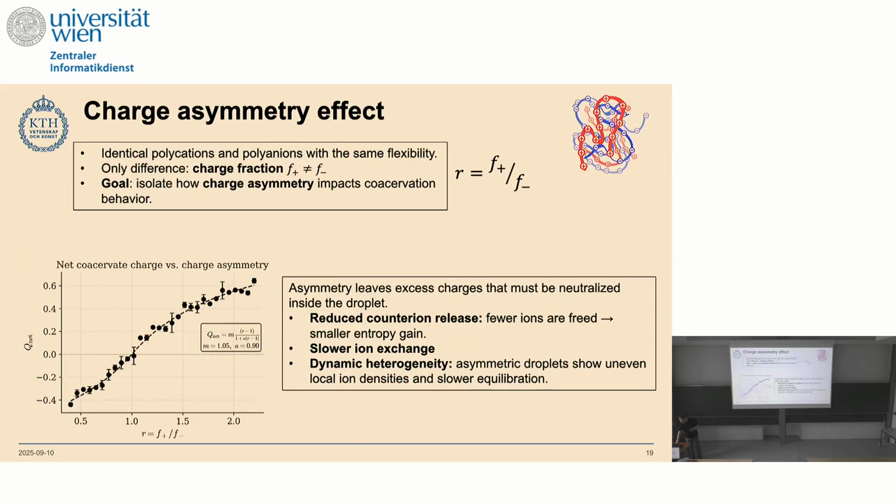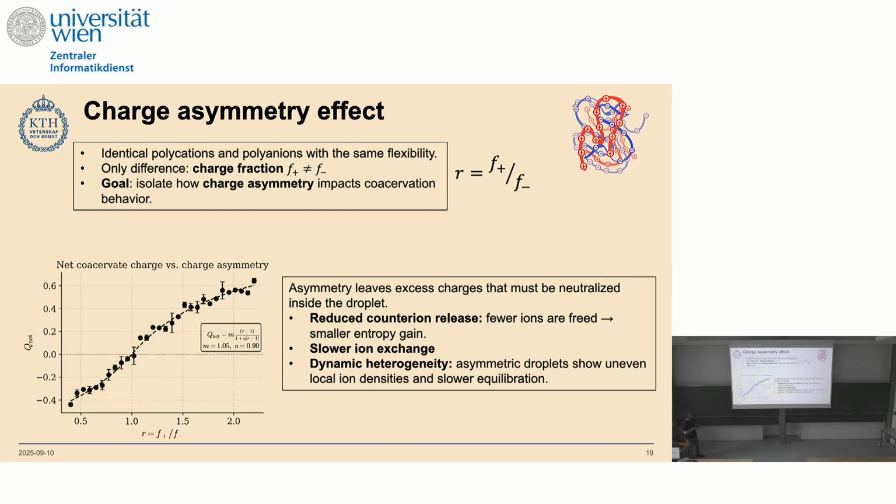But the charge asymmetry effect, I would say, is the most important part. So we have two types of identical polyelectrolytes with the same flexibility, but we change the charge fraction.